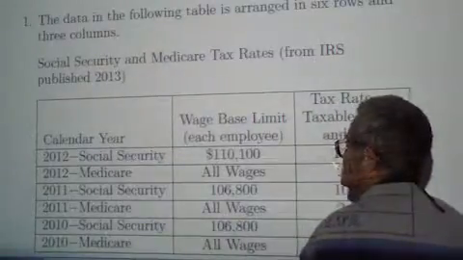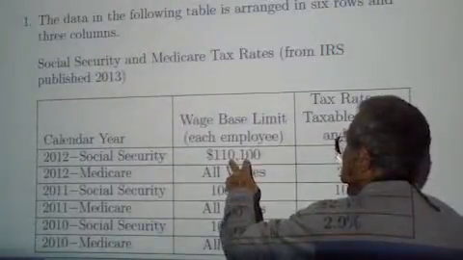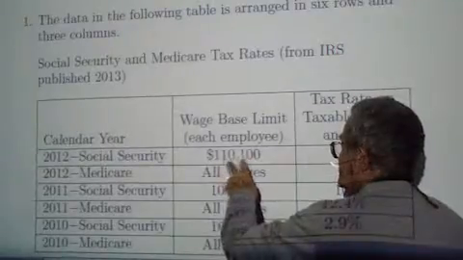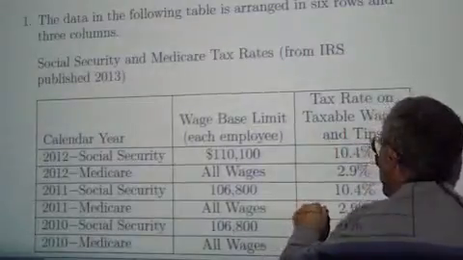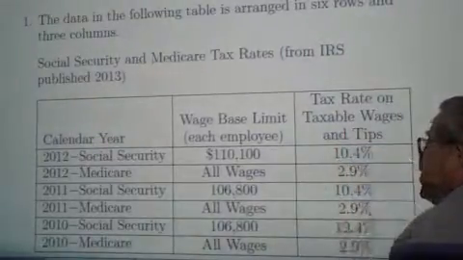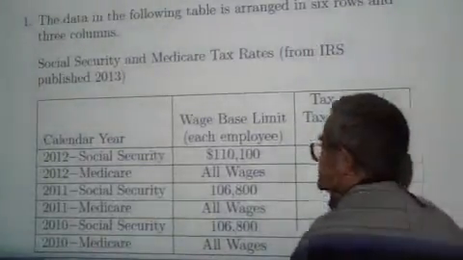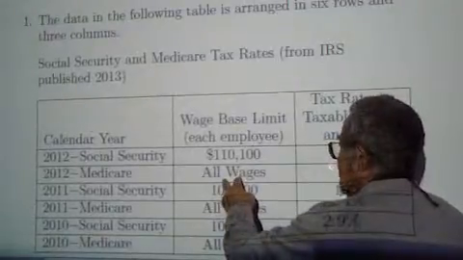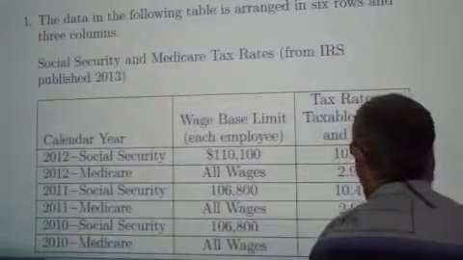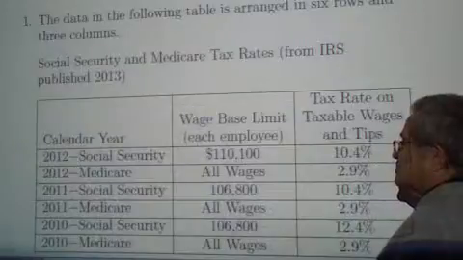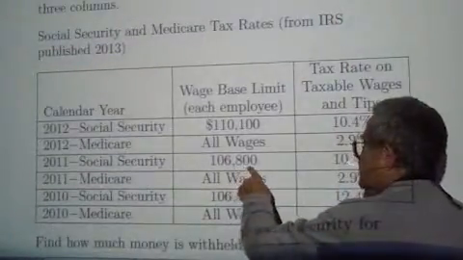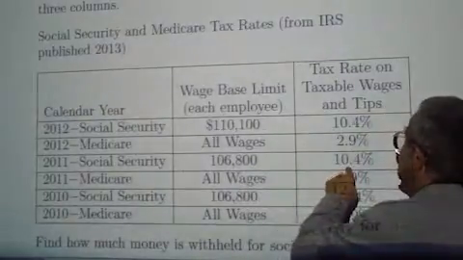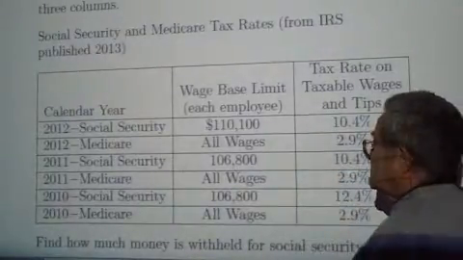In 2012, you got tax, Social Security up to an amount of $110,100 of income at the rate of 10.4%, whereas in the same year, Medicare went over all wages, no limit, at 2.9%. In the next year, Social Security, the limit was $106,800 at 10.4% again.